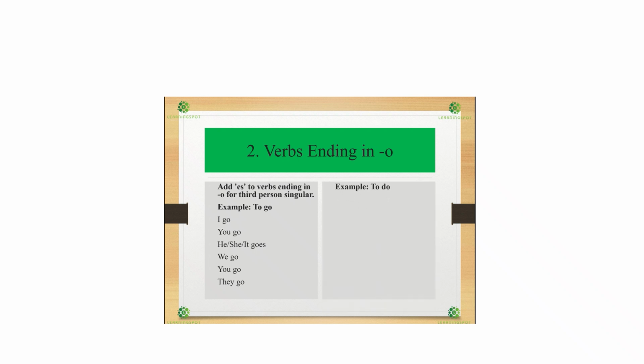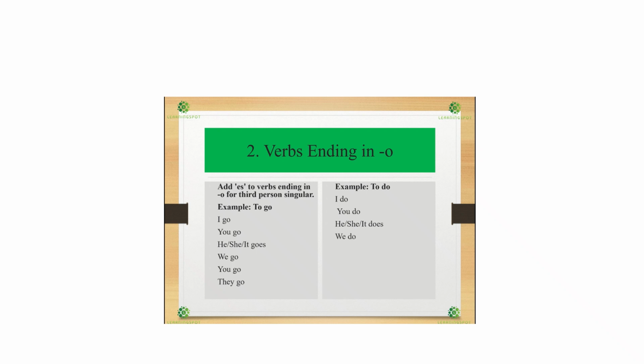We have another verb here, to do. This is a popular verb. I do homework. You do a quiz. He does an assignment. You see, we have es added on do when we reach the subject like he, she, it.